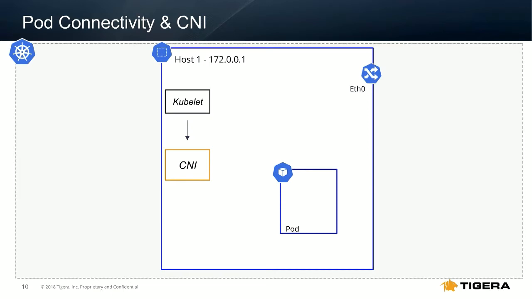So once a pod has been scheduled on a given worker node, the kubelet is responsible for launching that pod. And specifically, to get that pod connected to the network, the kubelet will call out to the CNI plugin. The CNI plugin is typically stored as a binary on the host with the configuration normally stored under /etc/cni/net.d.